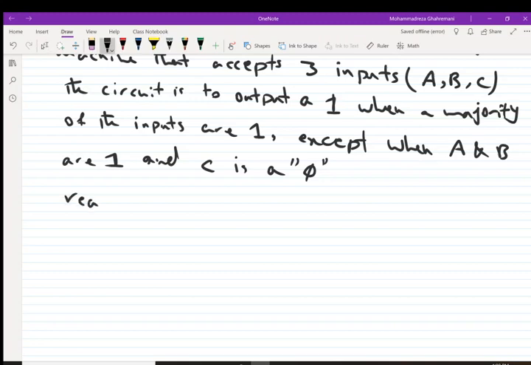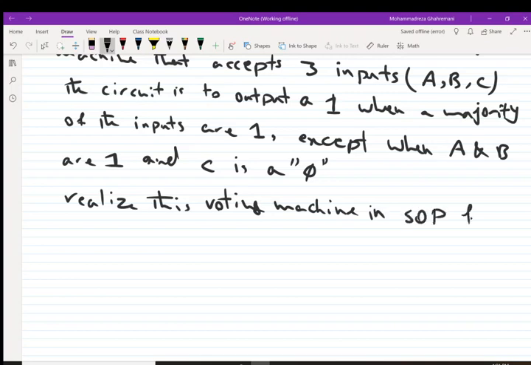Realize this voting machine in sum of product form and product of sum form.